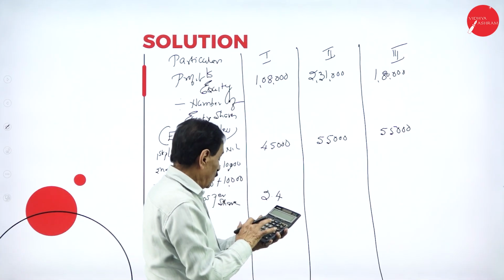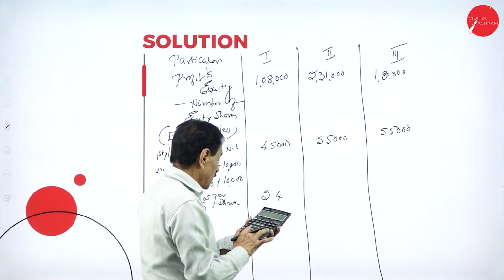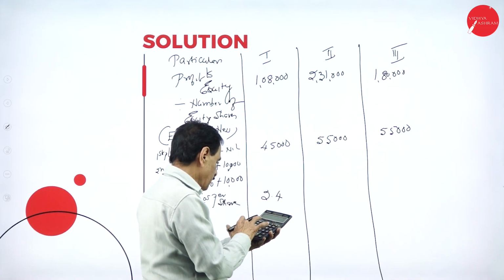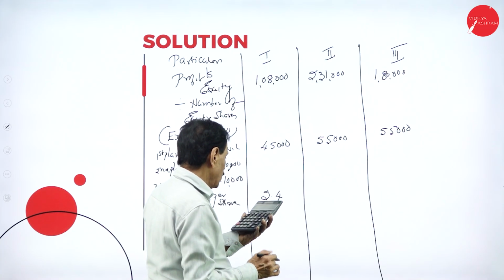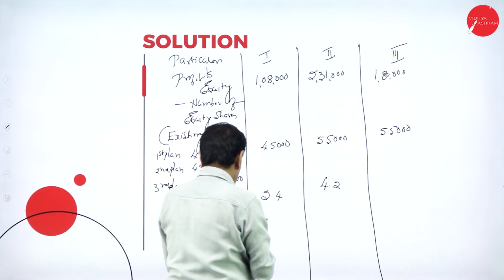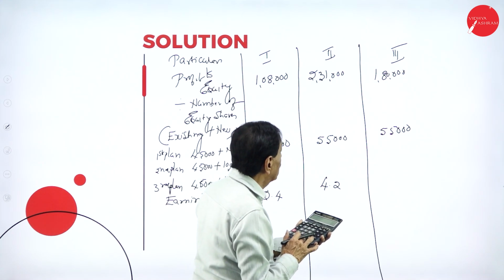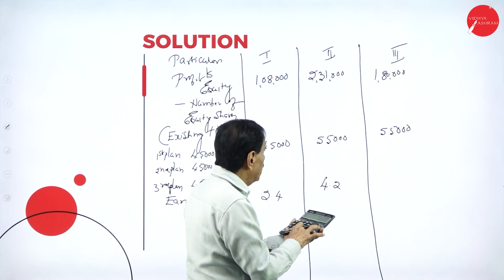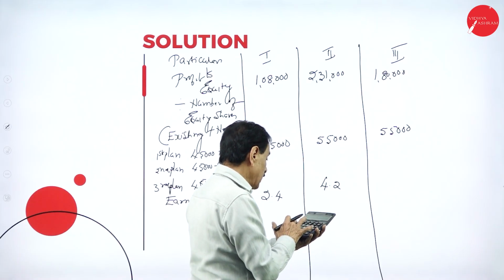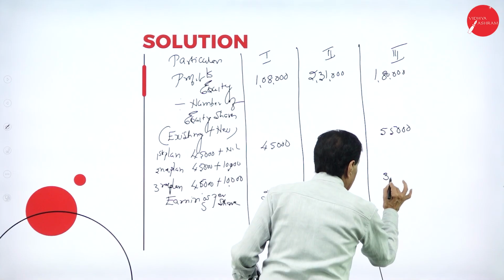Then 2,31,000 divided by 55,000 shares is 4.2. Then 1,80,000 divided by 55,000 is 3.27.